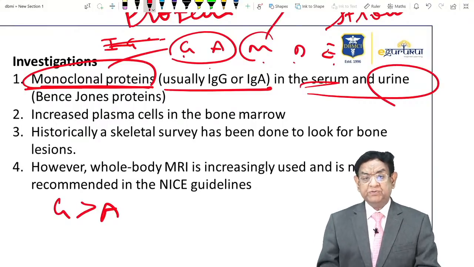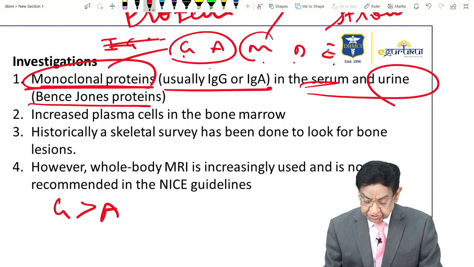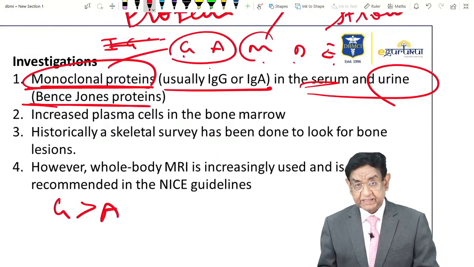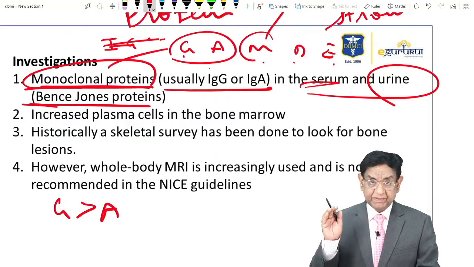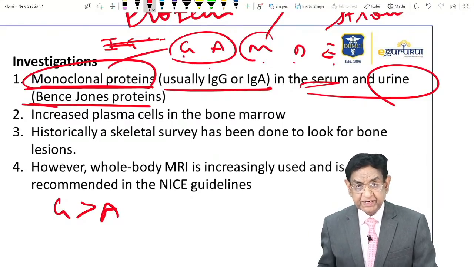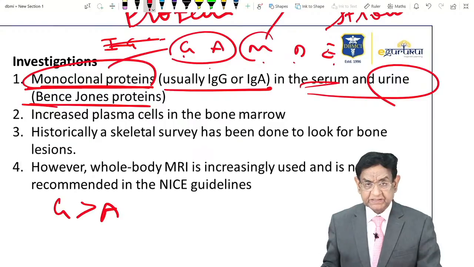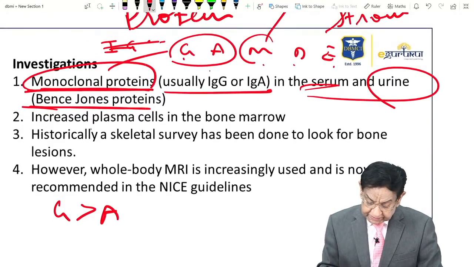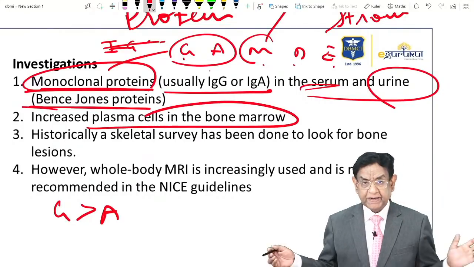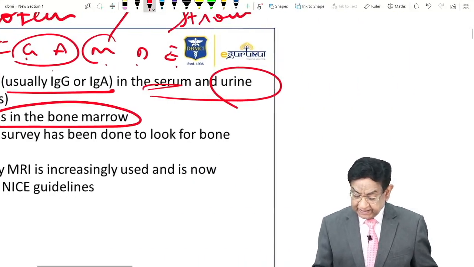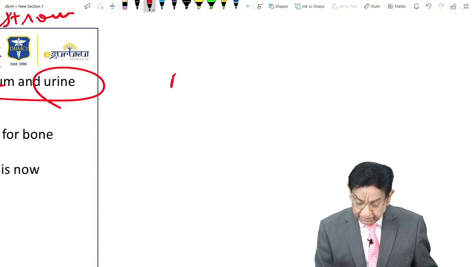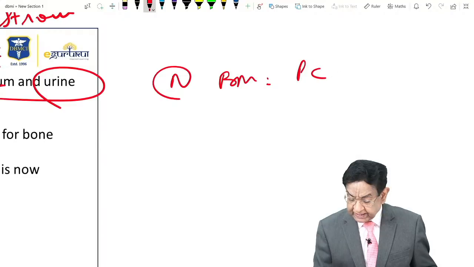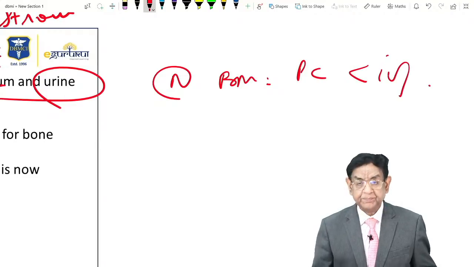If you see it in the urine, we call it Bence Jones protein, that is, immunoglobulin light chains. Bence Jones proteinuria is seen in multiple myeloma. There is increased plasma cell in the bone marrow. By now your concepts are clear. Let me discuss more. Normally in bone marrow, the plasma cells are less than 10%.